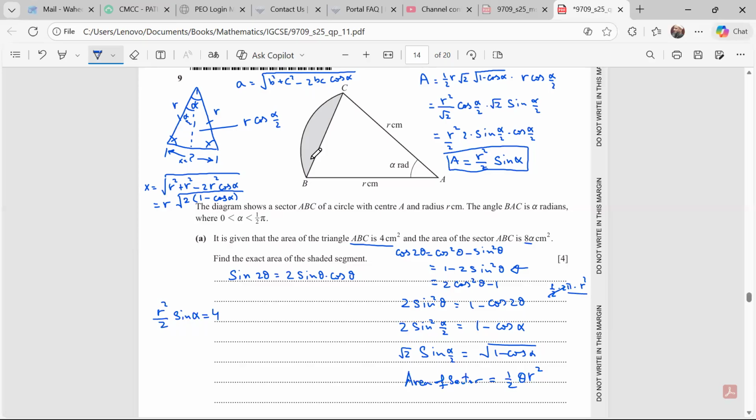So area of a sector is this much, and that area is given as 8 alpha, right? So the second relationship I have is 8 alpha is equal to 1 by 2 theta. Sorry, theta is alpha here.